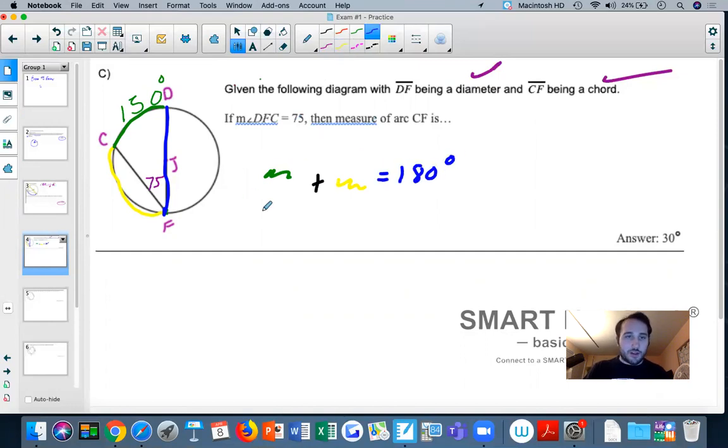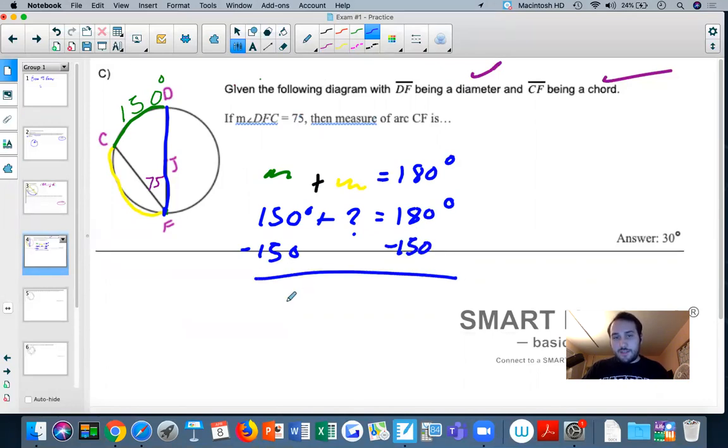Well, we know the green arc. The green arc is 150 degrees. The yellow arc, we don't know. That's what we're looking for. And that should equal 180 degrees. So we can solve by subtracting 150 on both sides. And you get the following, that arc, or rather the measure of arc CF is 30 degrees.